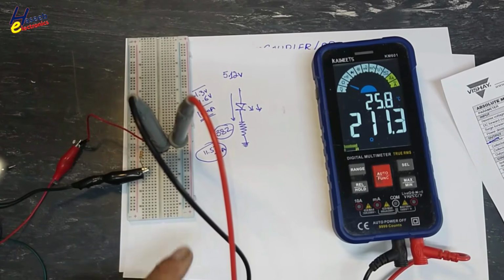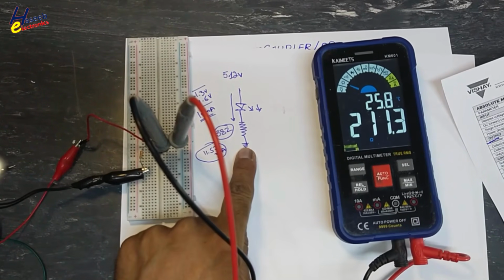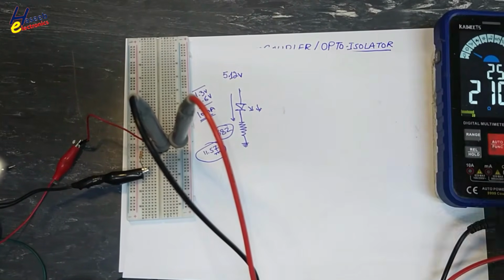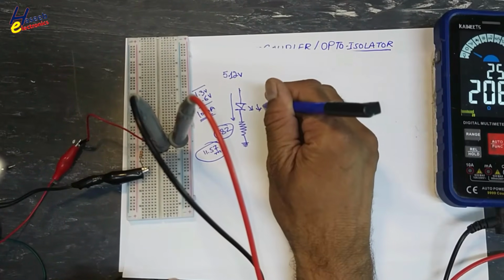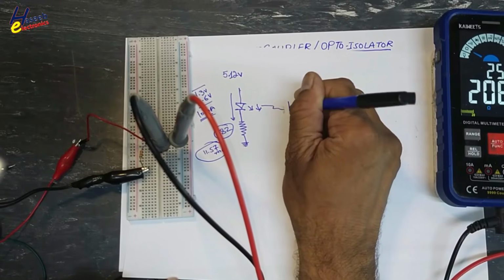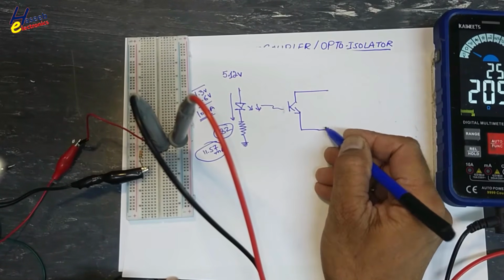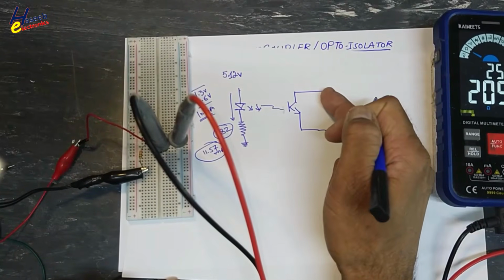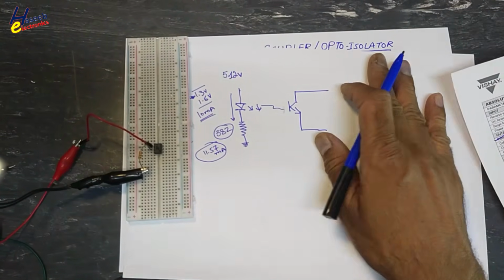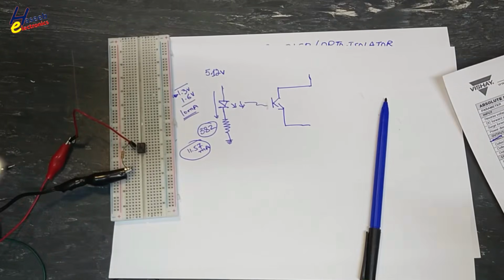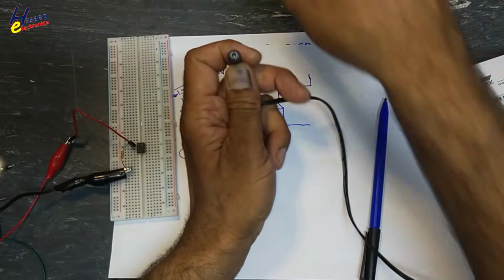When I connected voltage source here, the output resistance is 200 ohms. That is a resistance here between these 2 points. So transistor is turned on. Now I will use another power supply here in this portion. We will use separate power supply.